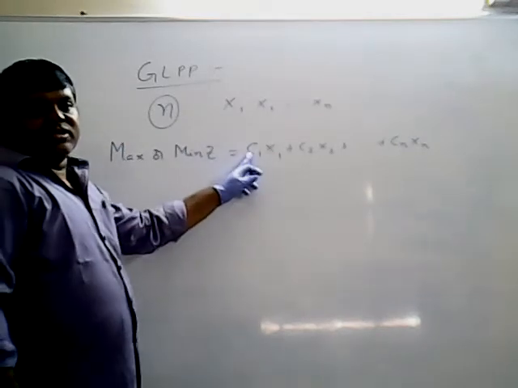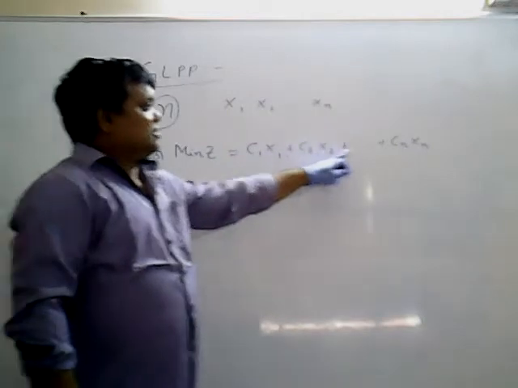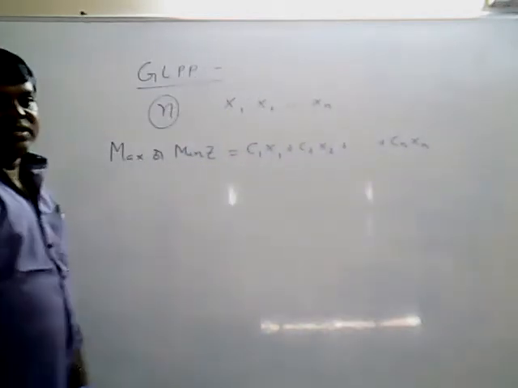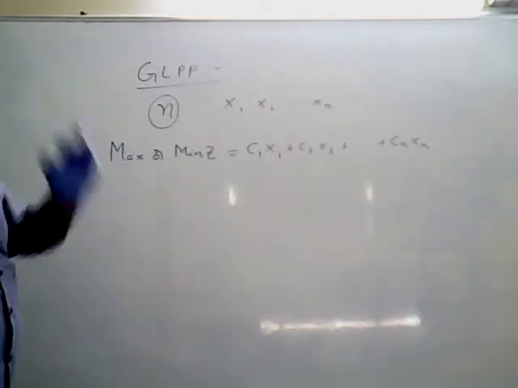C means cost. x1, x2, xn mean decision variables.